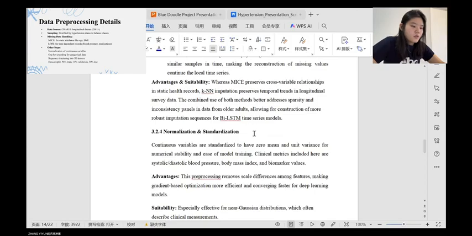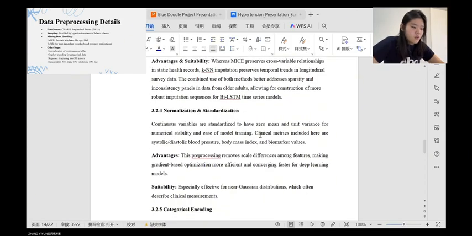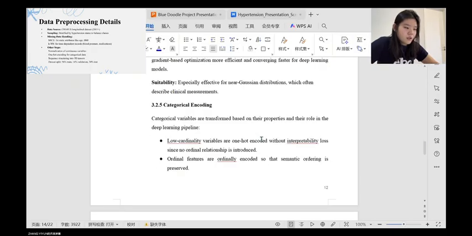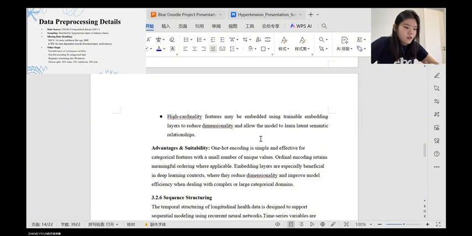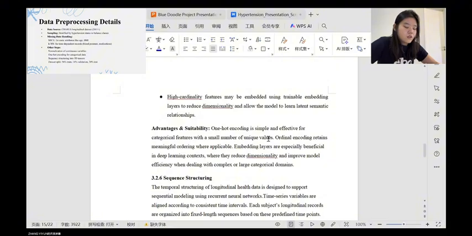And other steps include normalization and standardization. As for the categorical encoding, one-hot encoding is simple and effective for categorical features with a small number of unique values, ordinal encoding retains meaningful ordering where applicable, and embedding layers are especially beneficial in deep learning contexts.